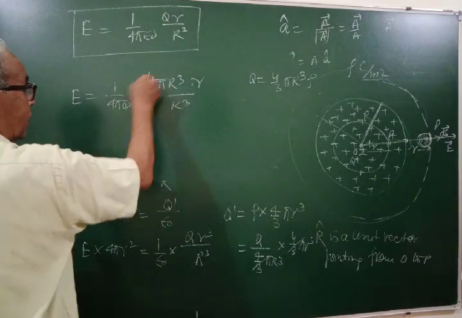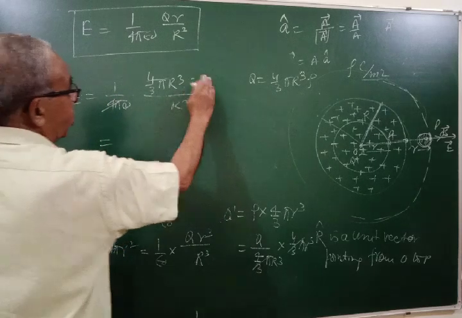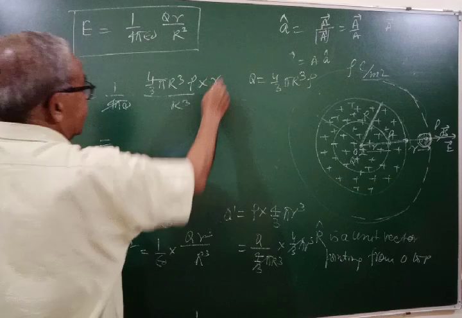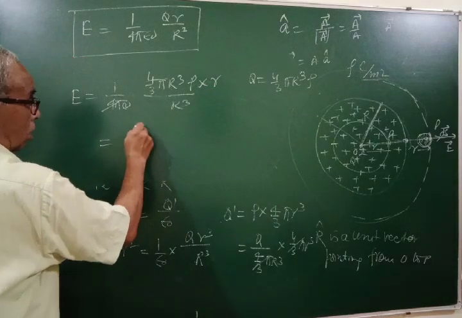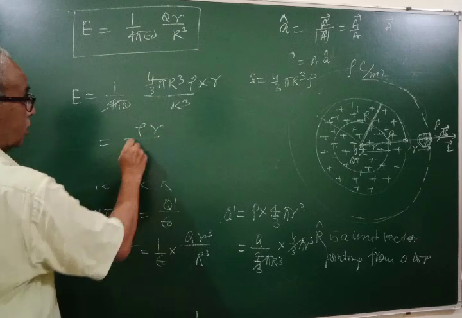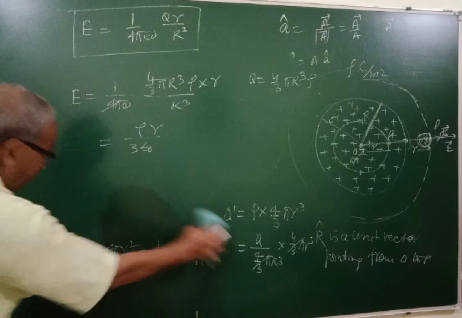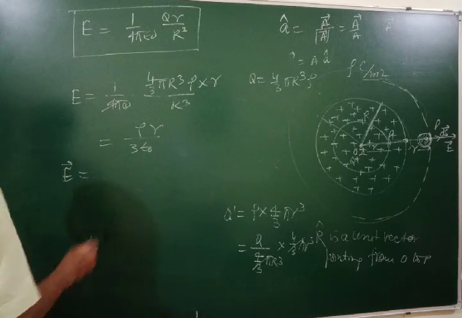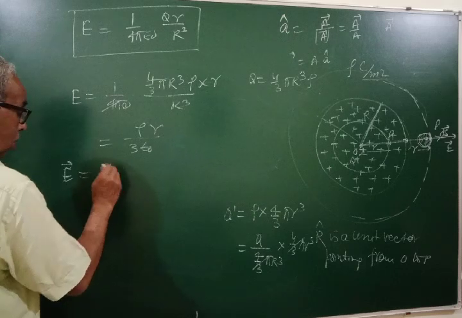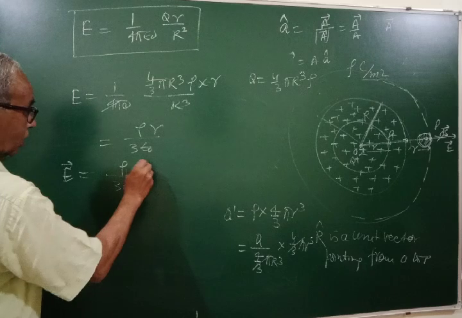So 4 pi cancels, R cube cancels, and we get rho r upon 3 epsilon 0. In vector form, we can write vector E equal to rho upon 3 epsilon 0 vector r.